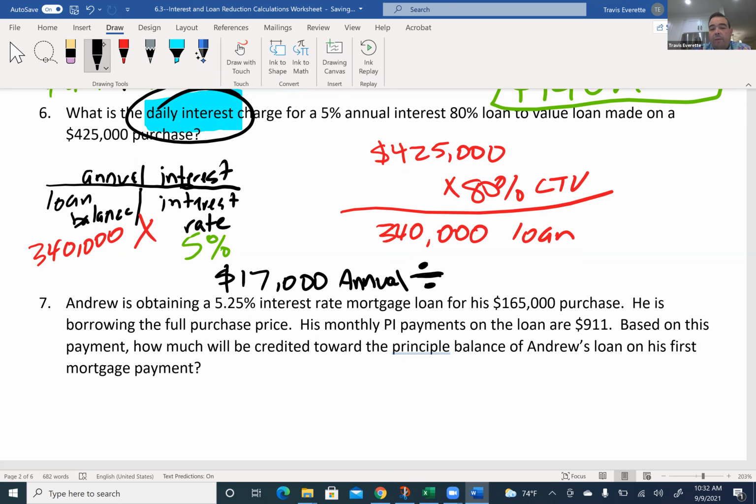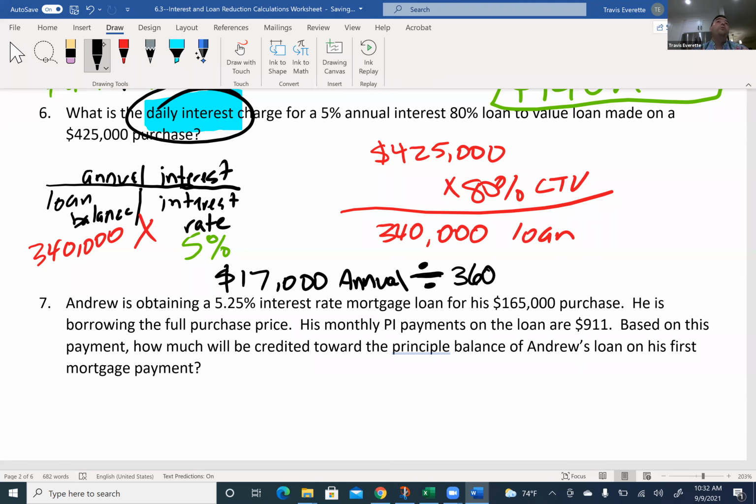In this case, I'm going to divide by 360 because that's the number of days in the year. Now, some of you like to divide by 12 months and then divide by 30 days. It's the same thing. Whether you divide by 360 or whether you divide by 12 and then by 30, it doesn't matter.